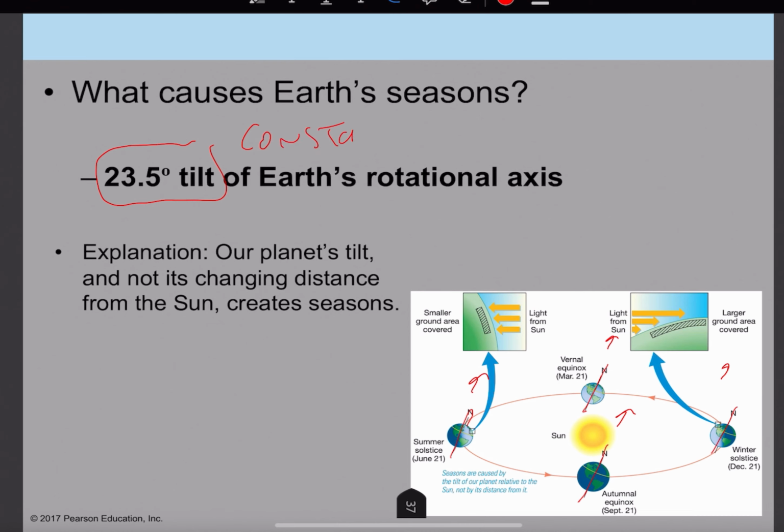It doesn't change. So as the Earth goes around the sun, you can see here as the Earth goes around, the tilt axis always points in the same direction, which is 23 degrees.